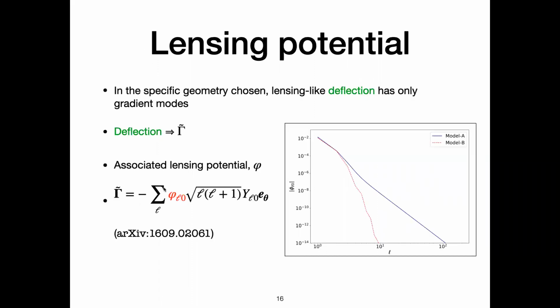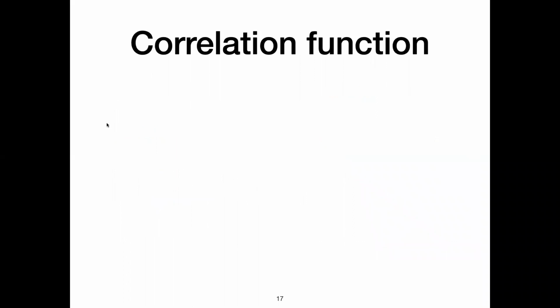So let's carry on to the calculation of 2-point correlation functions using this lensing potential in the spherical harmonic space. Firstly, the definition of the correlation function.